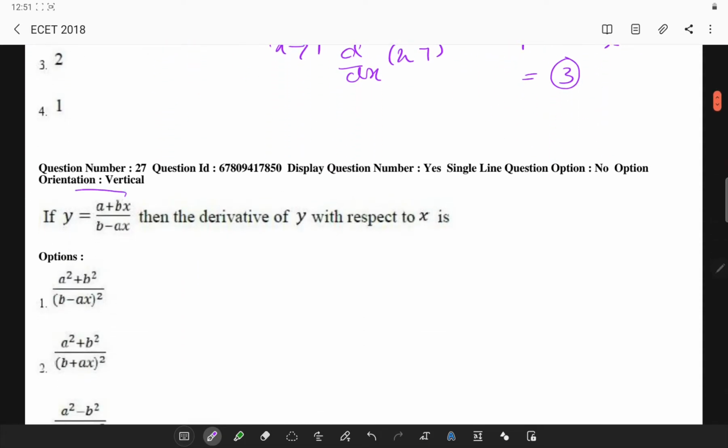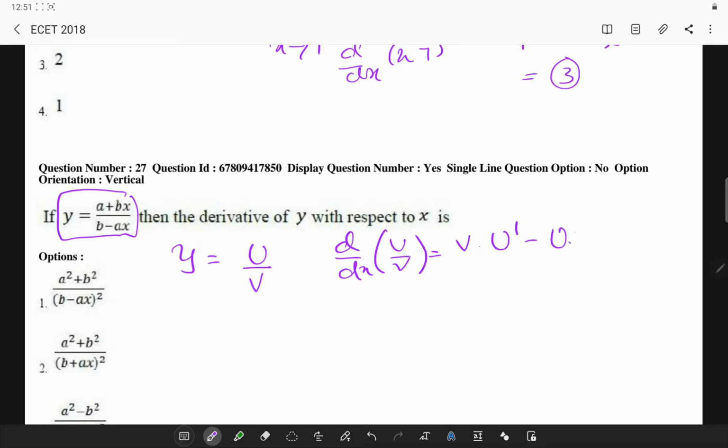Next, you have y is equal to (a plus bx) by (b minus ax). So this is in the form of u by v, and we know the formula of d by dx of u by v is v into u dash minus u into v dash by v square.